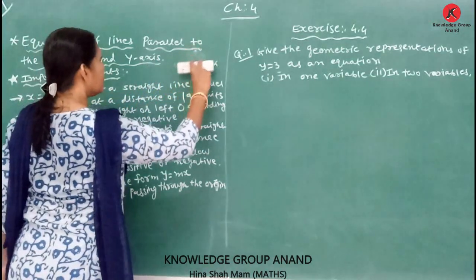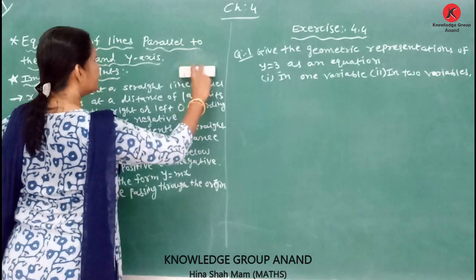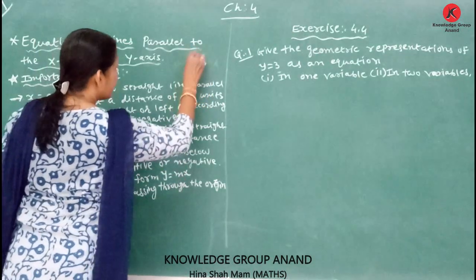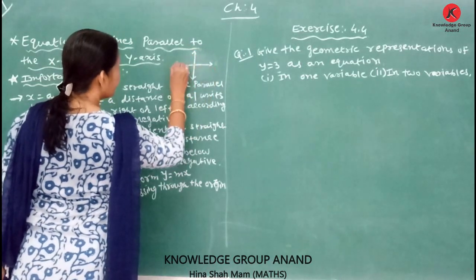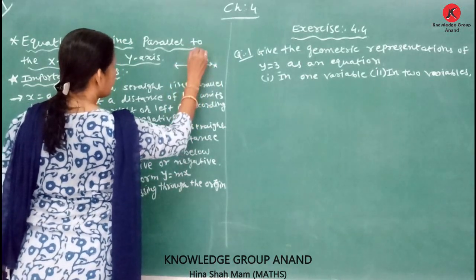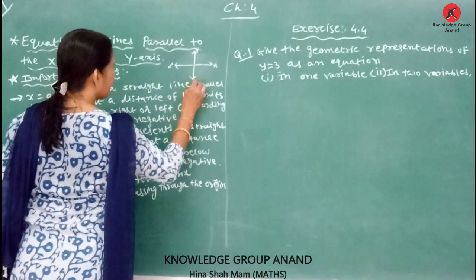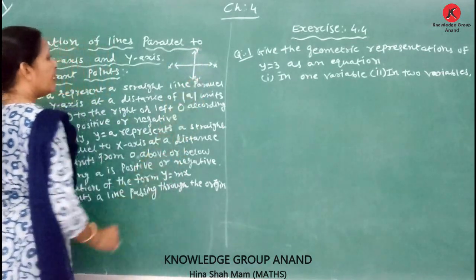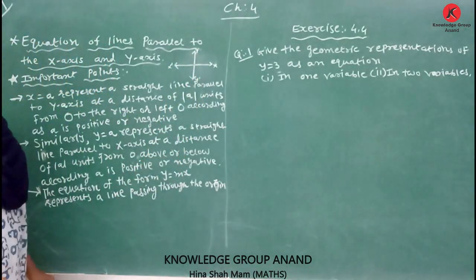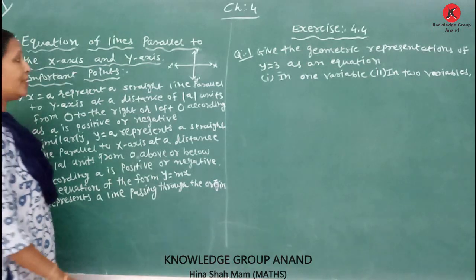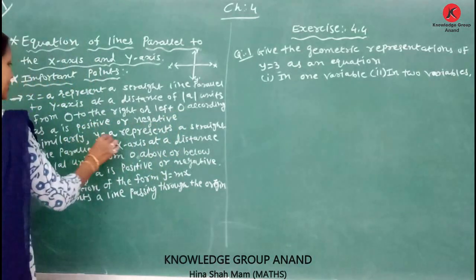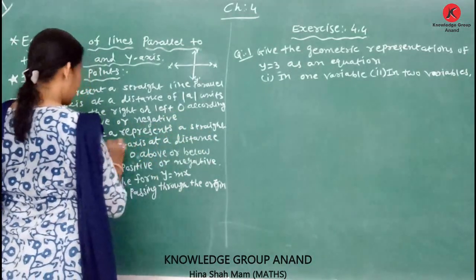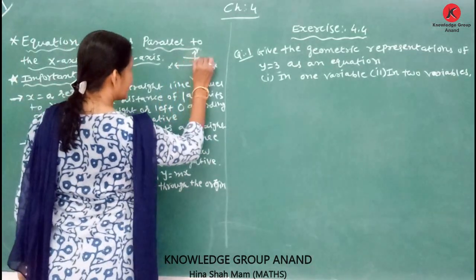It is drawn like here. y is equal to a. y is equal to 1, 2, 3, then the value of x is equal to 0, 1, 2. y is equal to a represents a straight line. Here it is like this straight line.